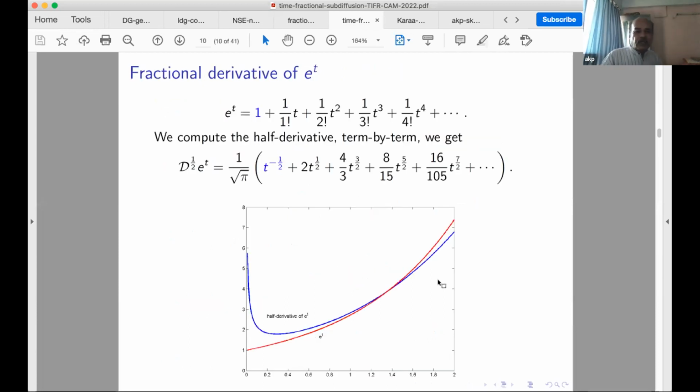So you can see quickly that e to the t goes exponentially, but the fractional order Riemann-Liouville derivative of power half acting on e to the t will have a singularity of t to the power minus half. So it behaves of this kind. It goes slowly.